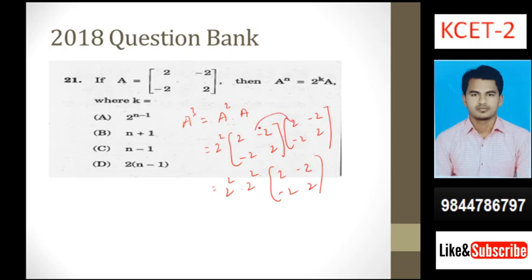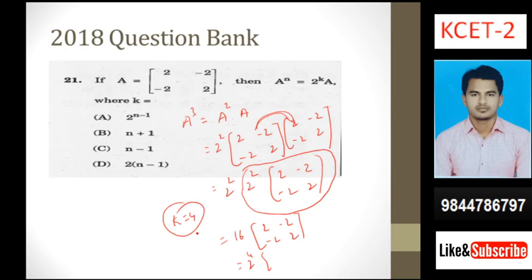Already we have multiplied these two. What is the value? 2 square and 2 minus 2 2. It means here 4 4s are 16, 16 into 2 minus 2 2. It means 2 to the power of 4, so k equal to 4. I needed the value of k equal to 4.